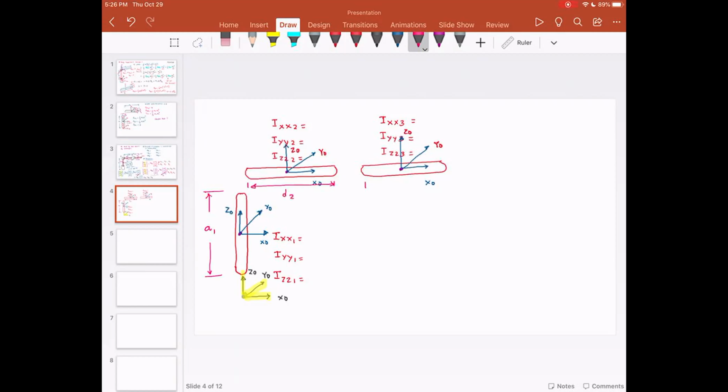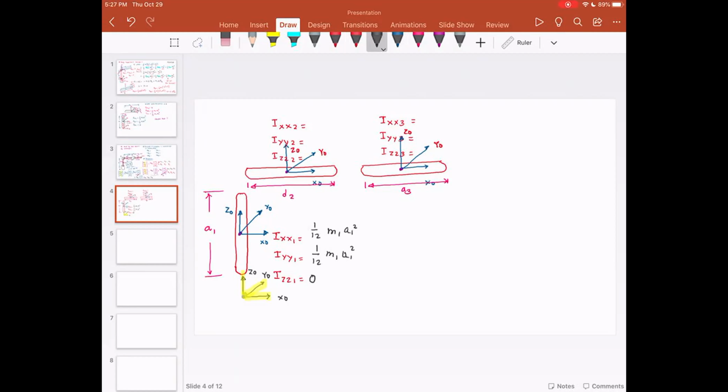Other dimensions are 0. And when I do that, I get the expression for IZZ as 0. I get the expression for IYY as 1 by 12 M1 A1 square, IXX 1 by 12 M1 A1 square.